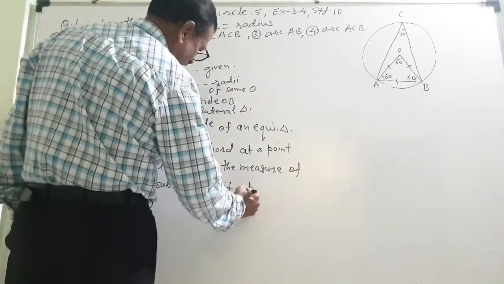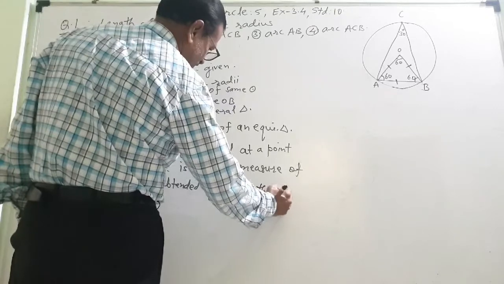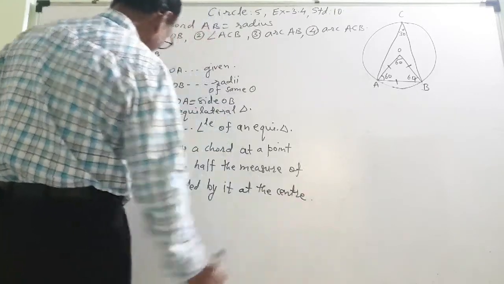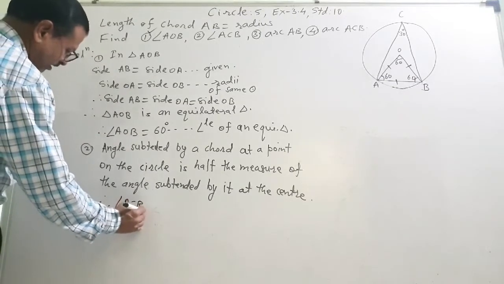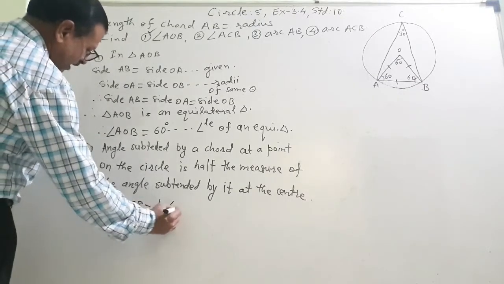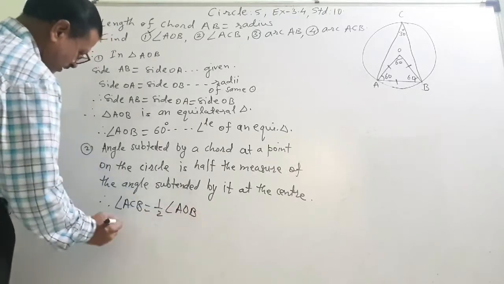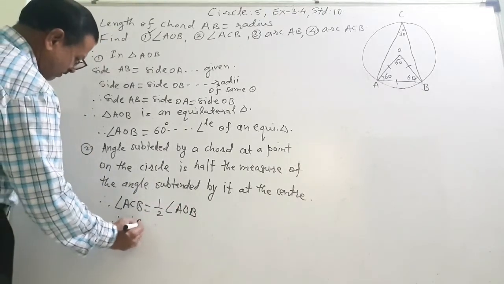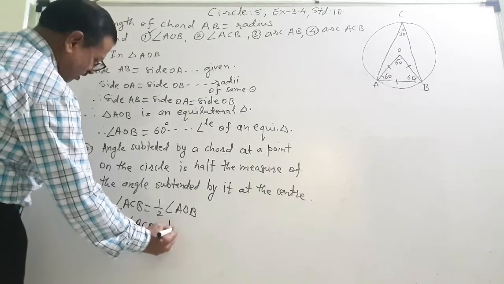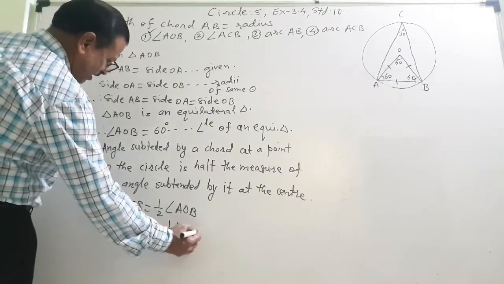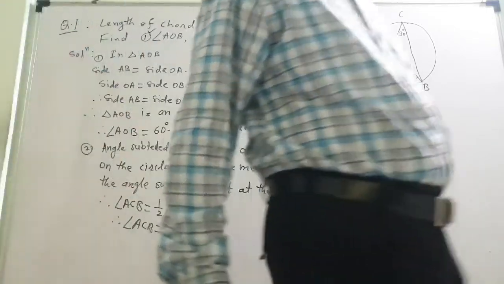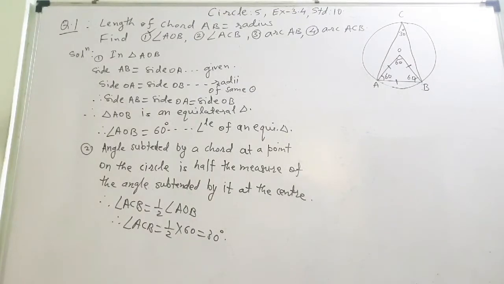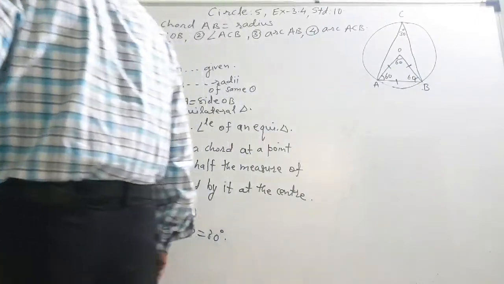By it at the center. Therefore, angle ACB is equal to half angle AOB. Therefore, angle ACB is equal to 1 upon 2 into AOB, which is 60, and that is equal to 30 degree. Let me see whether you can see on the screen all this what I have written. Okay. So this was the second part.